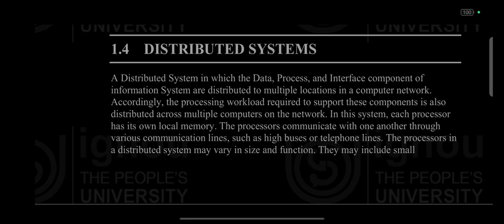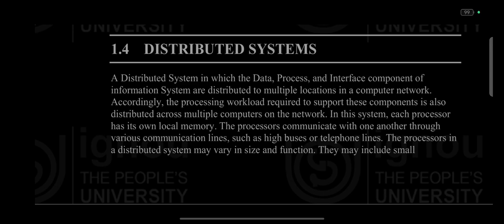Then today we will start with distributed systems. So what is a distributed system? A distributed system is one in which the data, process, and interface components of an information system are distributed to multiple locations in a computer network.